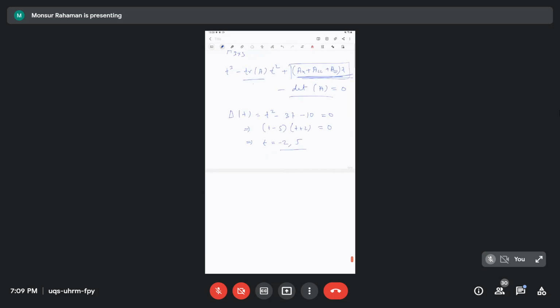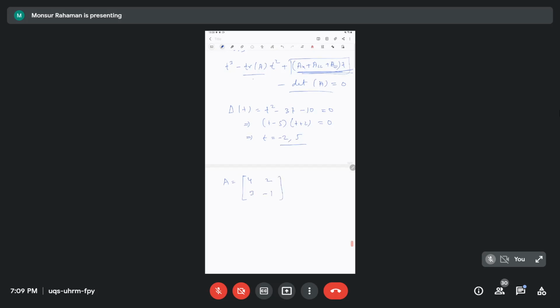So you will also have to find the eigenvectors. So A is [4 2; 3 -1], corresponding to minus 2.